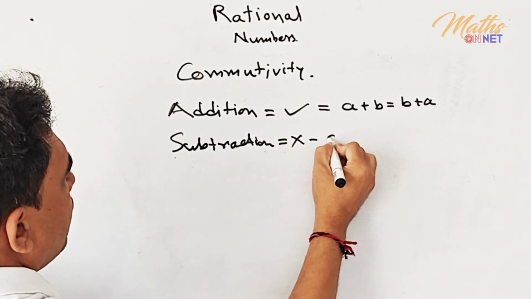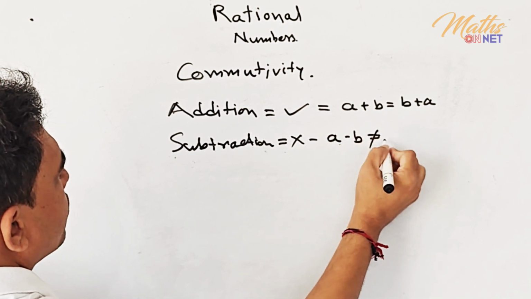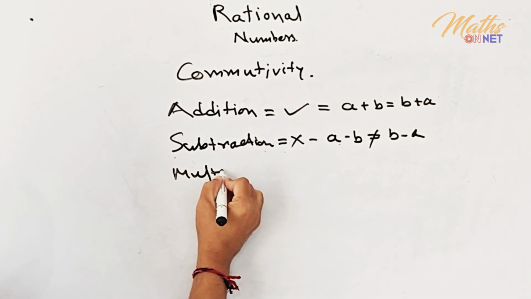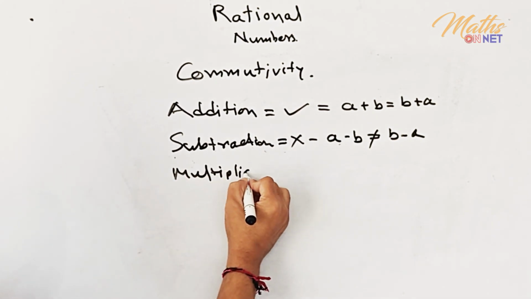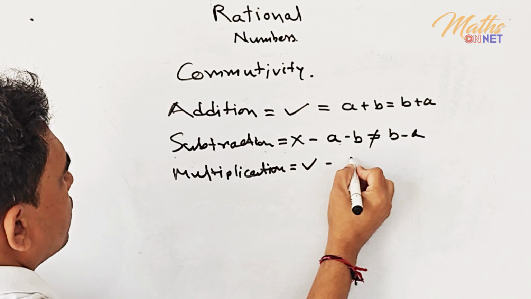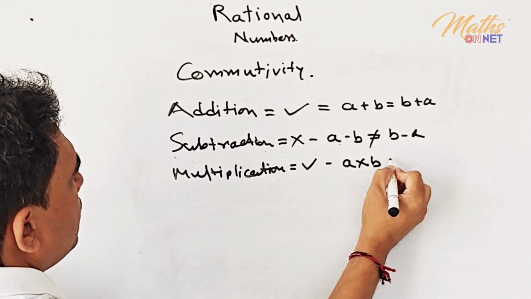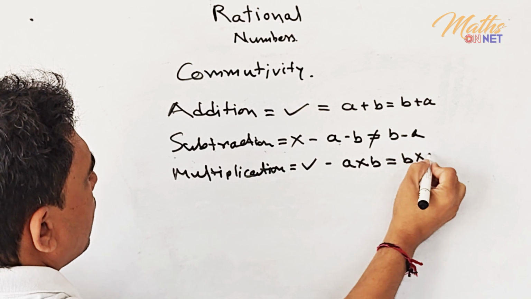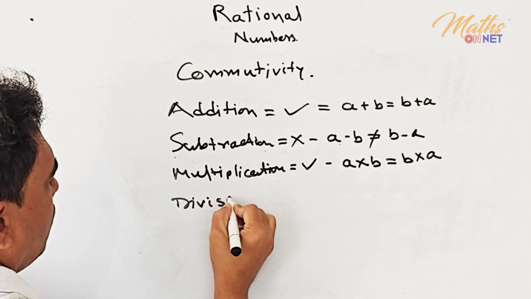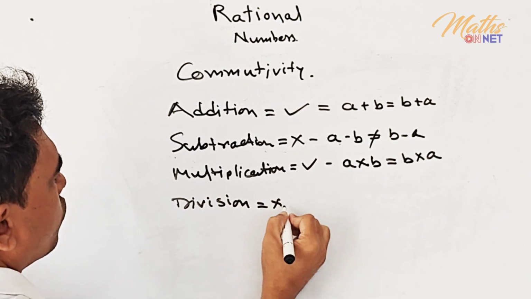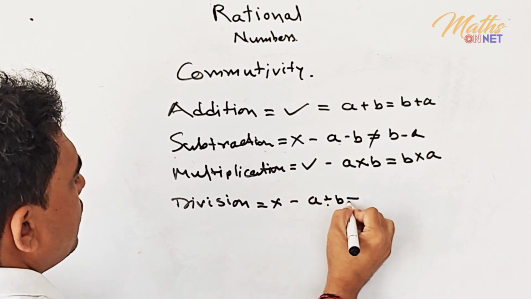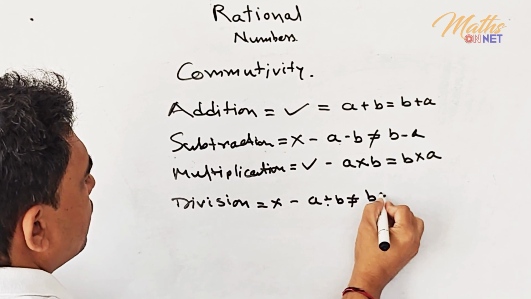That means A minus B is not equal to B minus A. Now for multiplication, what? It is true. So that way A multiplied by B is equal to B multiplied by A. And for division, it is not true. That means A divided by B is not equal to B divided by A.